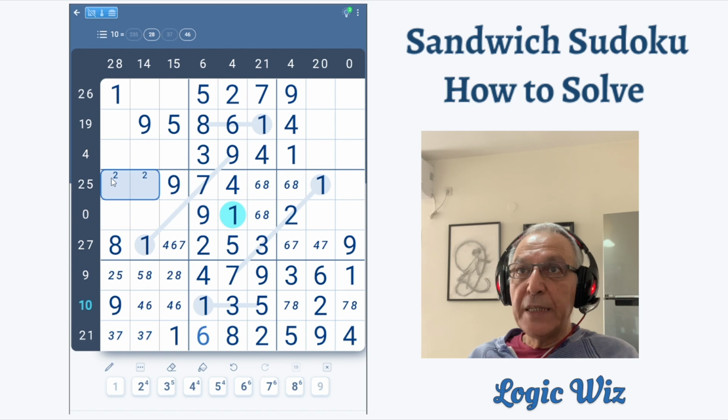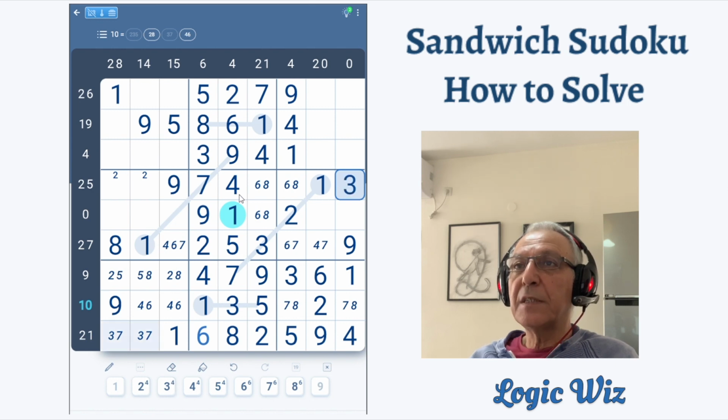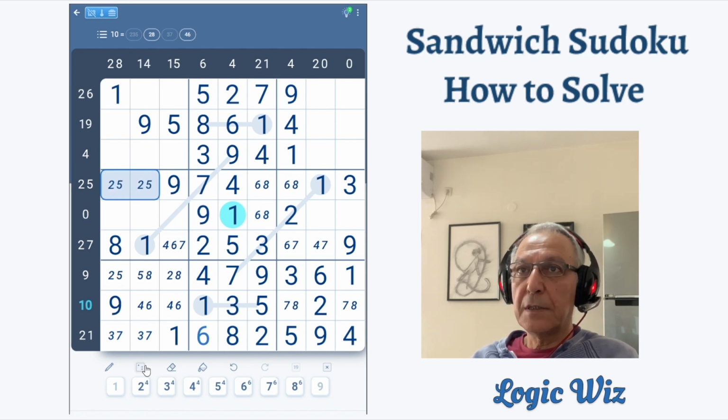We miss here 3. 3 cannot be next to the 2. Therefore, this one must be a 3. And then the other digit we miss here is 5, right? It is 5. So those two must be 2 and 5.